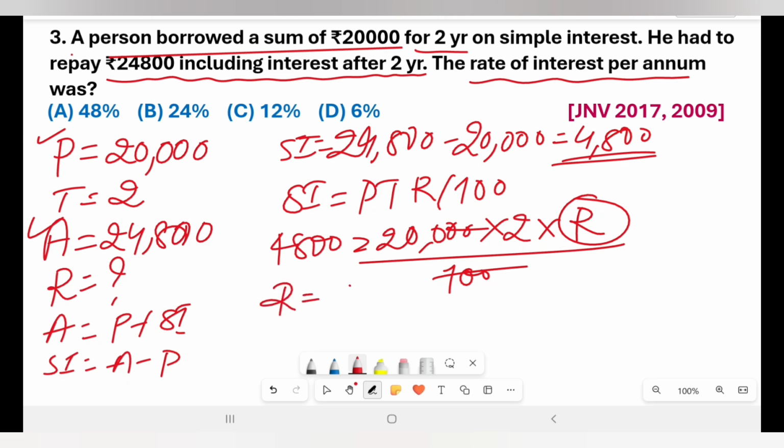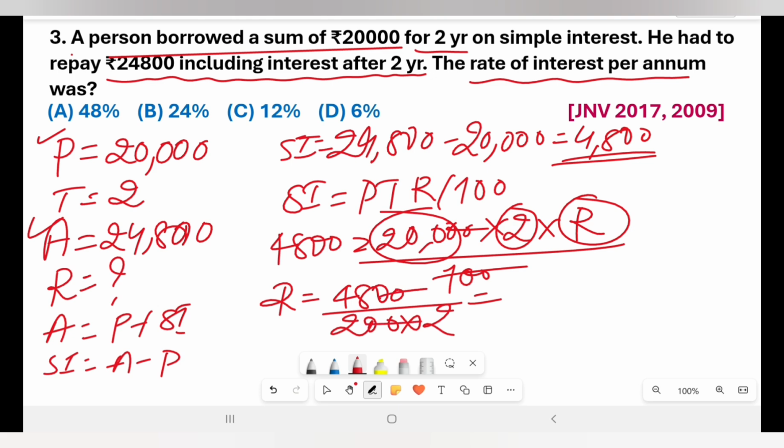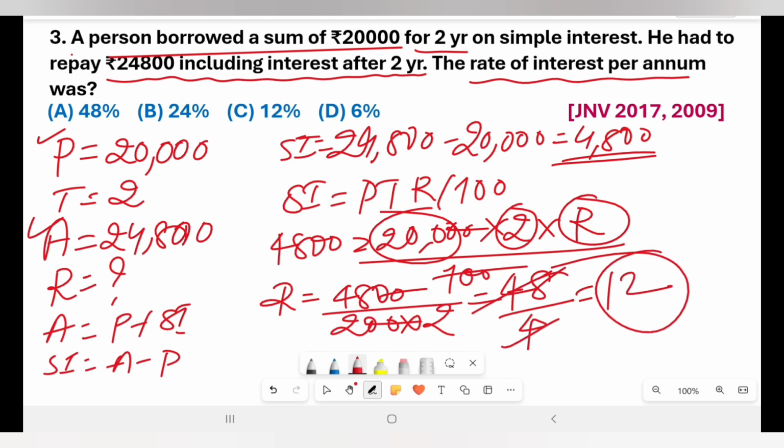So R is equal to 4,800 divided by 200, so 48 divided by 4. 12 fours are 48, so 12% is the rate of interest.